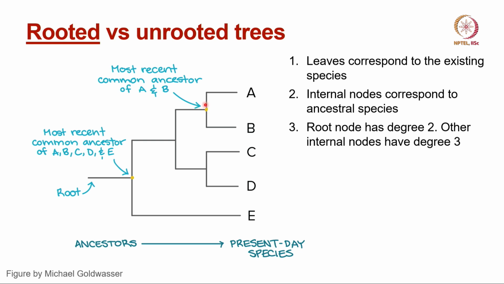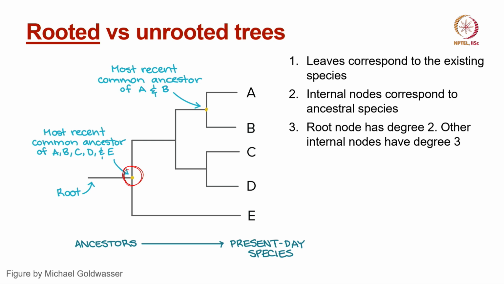So, for example, this internal node represents the most recent common ancestor of A and B. Similarly, the root node represents the most recent common ancestor of all 5 species, that is A, B, C, D and E.